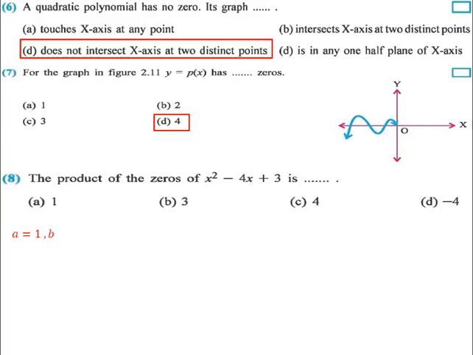A is equal to 1, b is equal to minus 4 and c is equal to 3. The product of the zeros is equal to c upon a, which is equal to 3 by 1, which is equal to 3. Answer is 3.